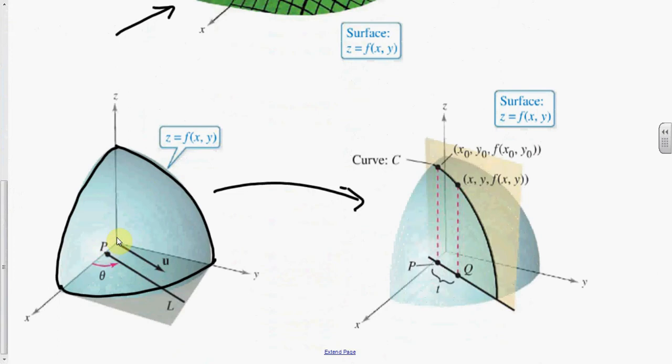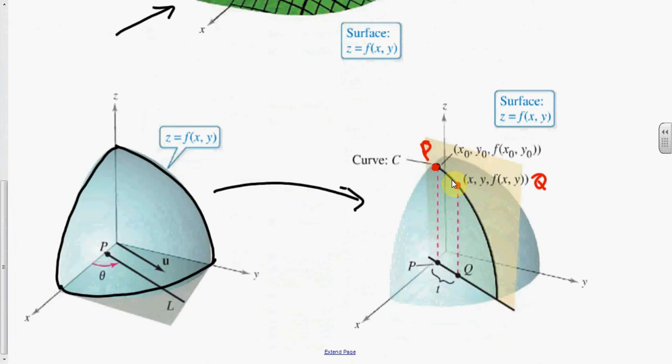So if I look, basically I'm in the space here. This is the point P, and then this is the point Q. So I want to find the directional derivative at P in the direction of Q.